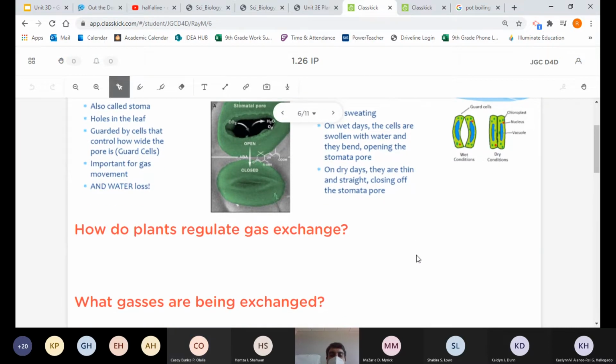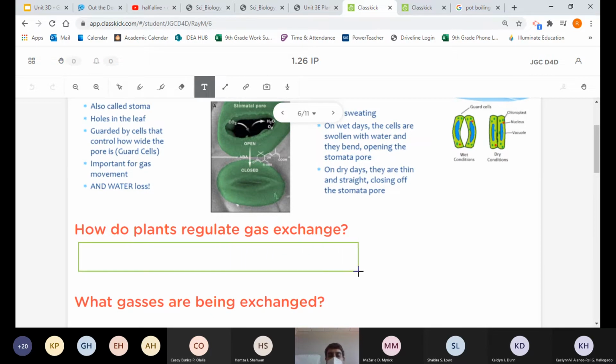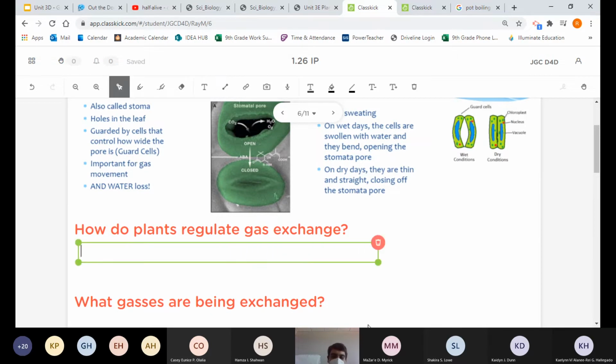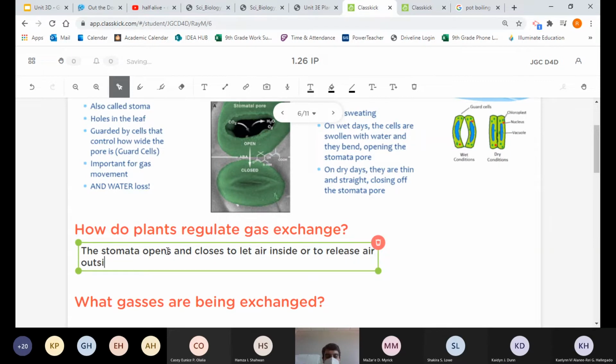So that goes into how do plants regulate gas exchange? What are the plants doing in order to regulate the gases that go in and out? The simple answer is the stomata, right? Like we've been talking about. The stomata opens and closes to let air inside or to release air outside.